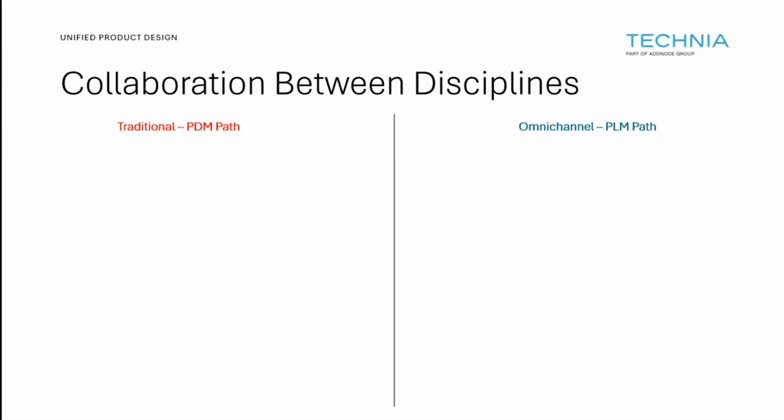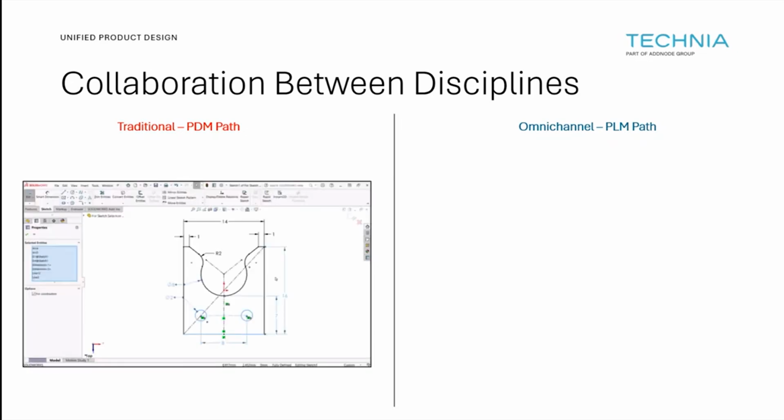In a traditional PDM workflow, each engineering discipline typically works in silos, and the mechanical design usually starts first because the rough mechanical bodies need to be in place for the electrical team to begin their work. Mechanical engineers create 3D models and assemblies determining things like physical dimensions, locations for mounting points, and clearances.